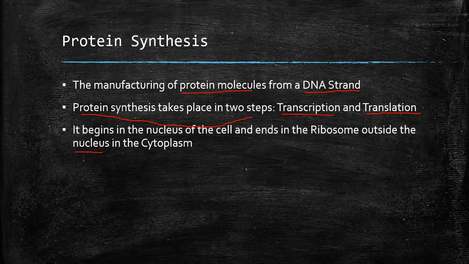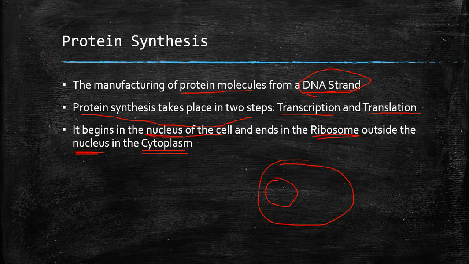Protein synthesis begins in the nucleus of the cell, where the DNA is. Remember, we need to begin with the DNA strand first. And this entire process ends on the ribosome outside the nucleus. The ribosome is inside the cytoplasm. So if we had our cell, our nucleus, this is where those nucleopores, those holes on the nuclear membrane I spoke about, are.